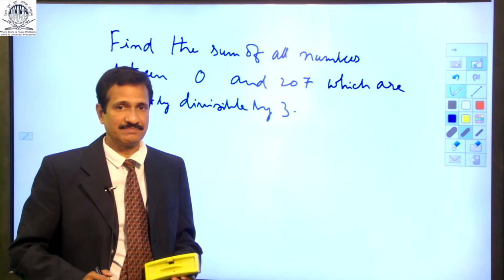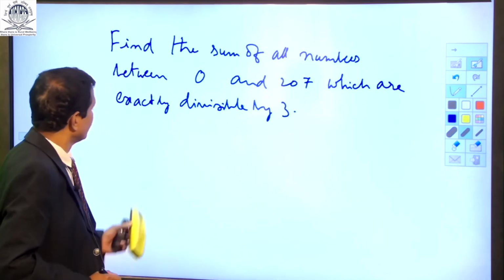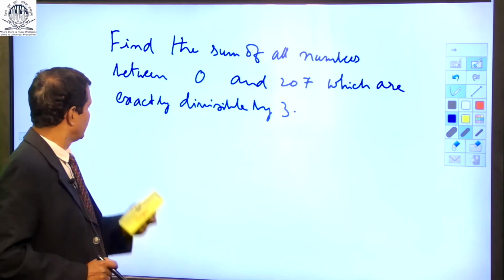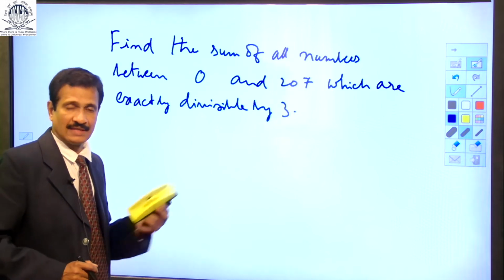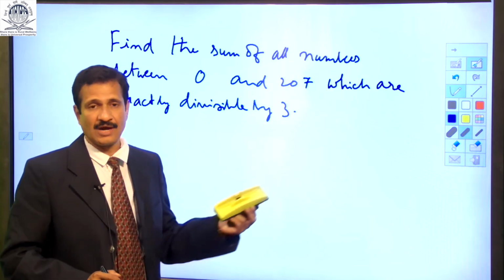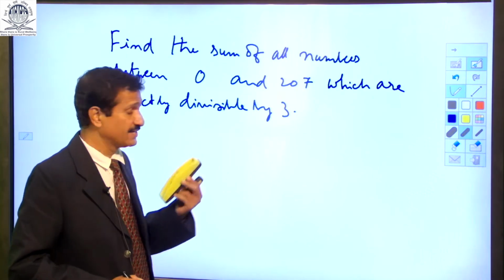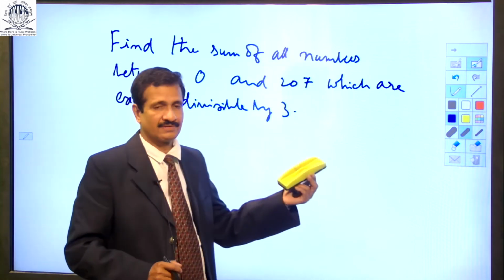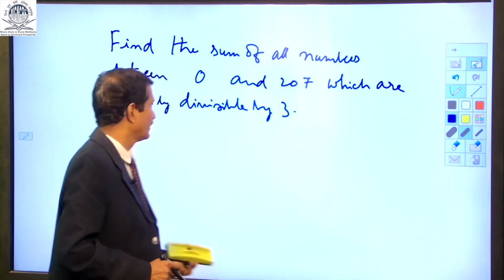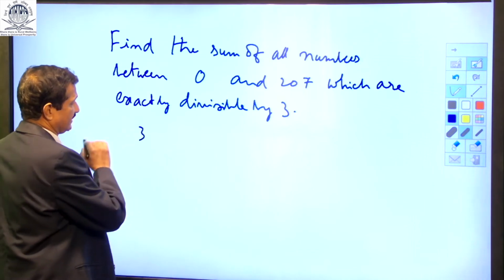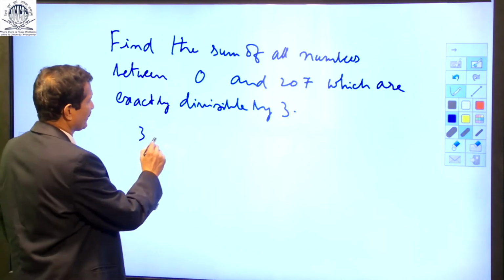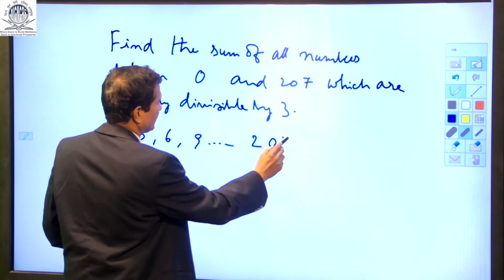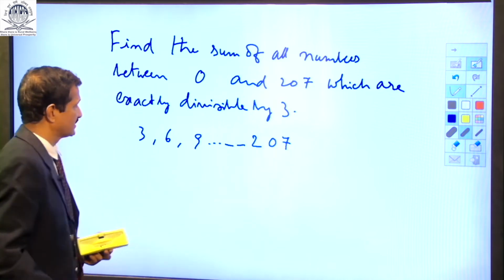Let us solve the next problem. Read the problem first. Find the sum of all numbers between 0 and 207, which are exactly divisible by 3. Now, this is an arithmetic progression. The common difference is 3, and the initial term is 3. So, the series is 3, 6, 9, and so on till 207 being the last number in that series.